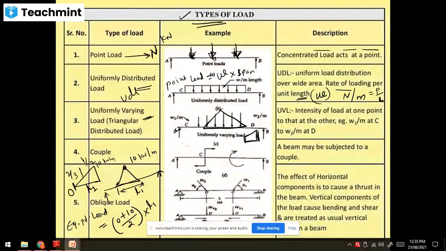If the triangular loading is like this, then from this side it is acting at 2 by 3, from this side it is acting at 1/3. Okay, that is the CG where the point load will act. After converting the triangle to equivalent point load, it acts at distance 2 by 3 from this point, that is the apex, right? Hope all of you understood.